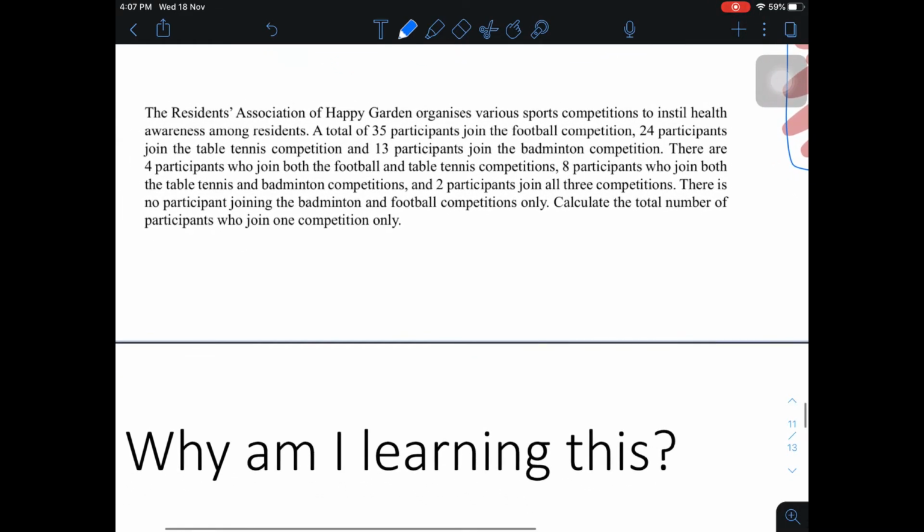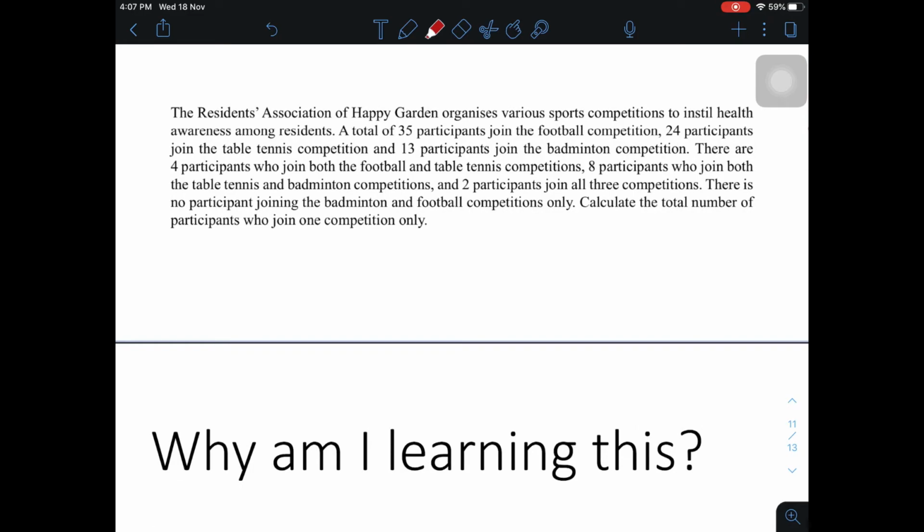The residents of Association Happy Garden organize various sports competitions to instill health awareness among residents. A total of 35 participants join the football competition, 24 table tennis, 13 badminton. There are 4 participants who join football and table tennis, 8 participants who join both table tennis and badminton, 2 that join all 3.